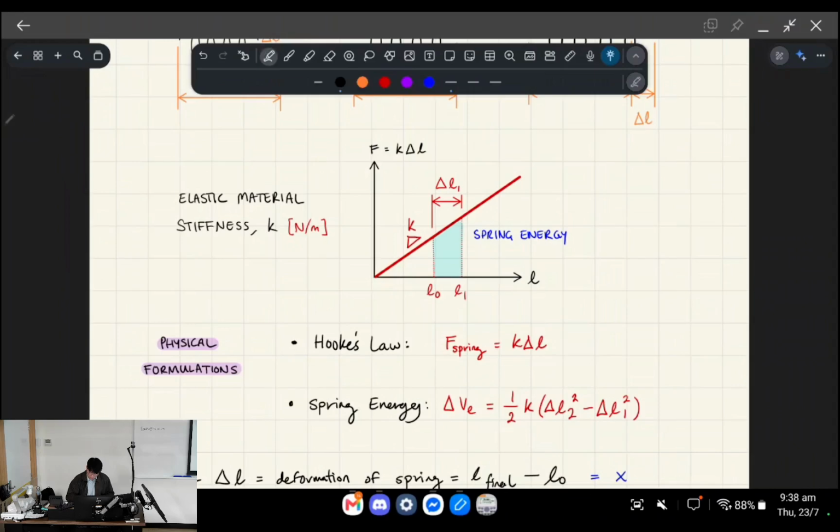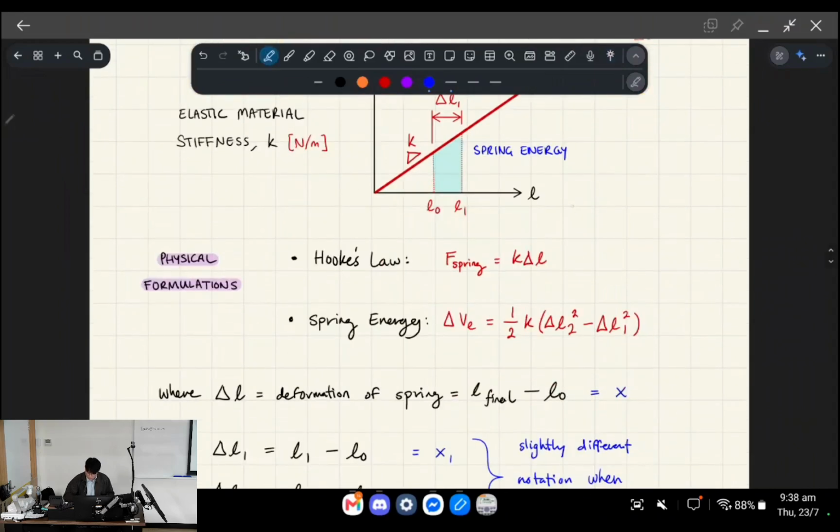So this number embodies the spring's geometric property. Actually, let's just call it shape, just for simplicity. The spring's shape and the spring's material, okay? This is just an all-in-one number, which represents these 2 things, okay?